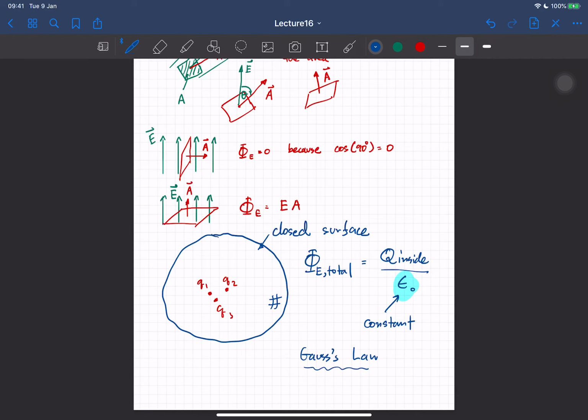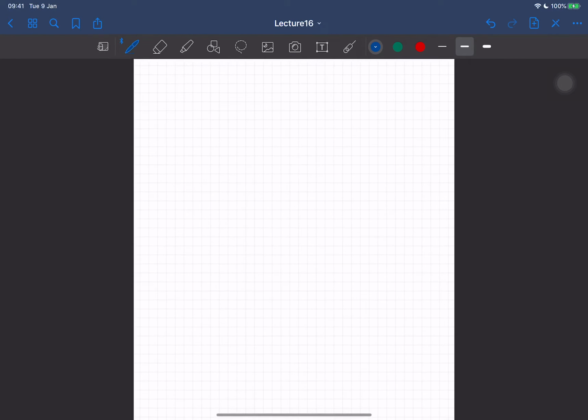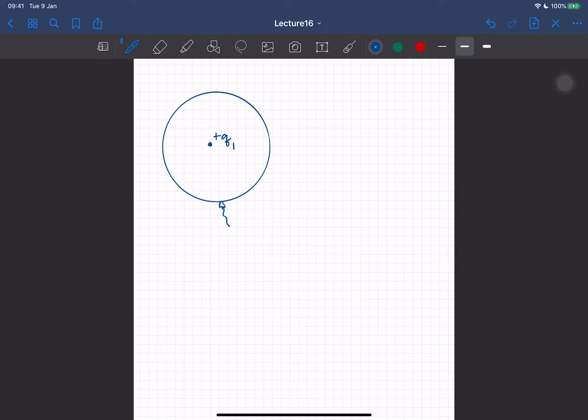So imagine that you have a sphere, maybe a balloon, right? And this balloon has a surface area, right? Because it's a balloon. And then let's say inside the balloon you have some charge, or let's consider just one charge, Q1 here. It doesn't matter where it is as long as it's inside the balloon.